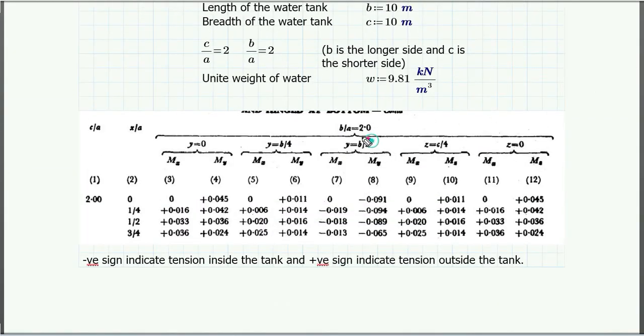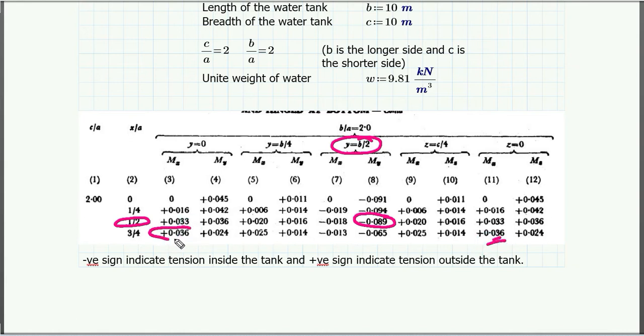Here for y is equal to b by 2, for My this is the value. For half, that is a by 2, it is minus 0.089. And what is the maximum value of Mx? The maximum value of Mx you can see here, for different values we have 0.0036, which is maximum.